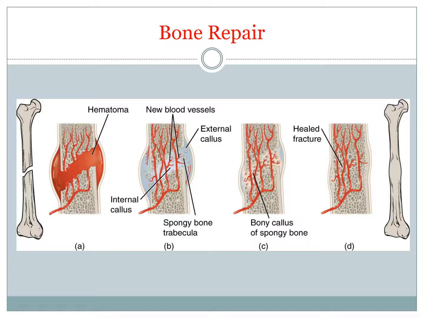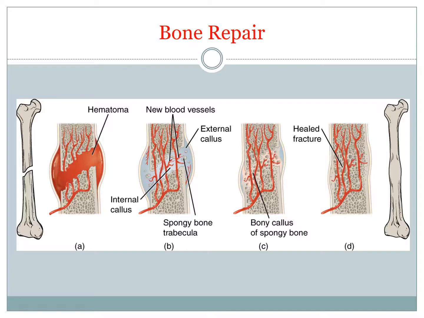Meanwhile, the periosteal chondrocytes create an external callus of hyaline cartilage around the outside of the break. An internal callus connects the bone ends, and an external callus protrudes from the outer bone surface.